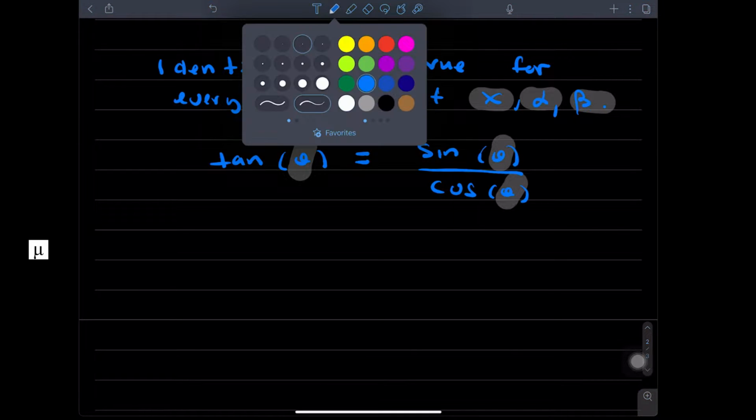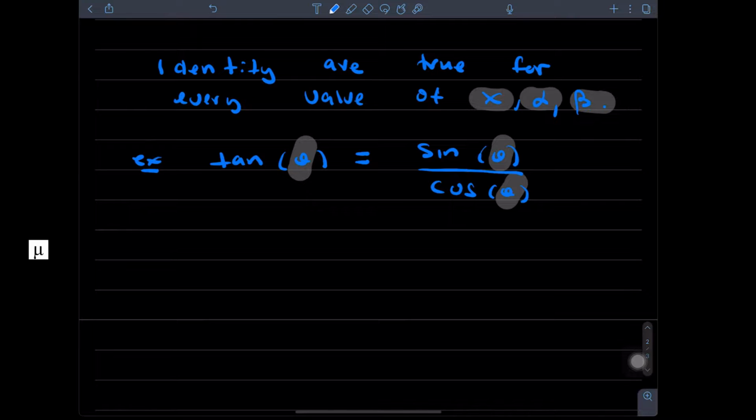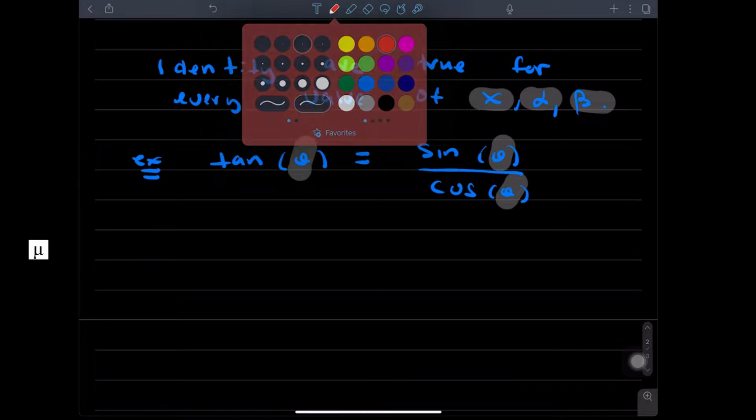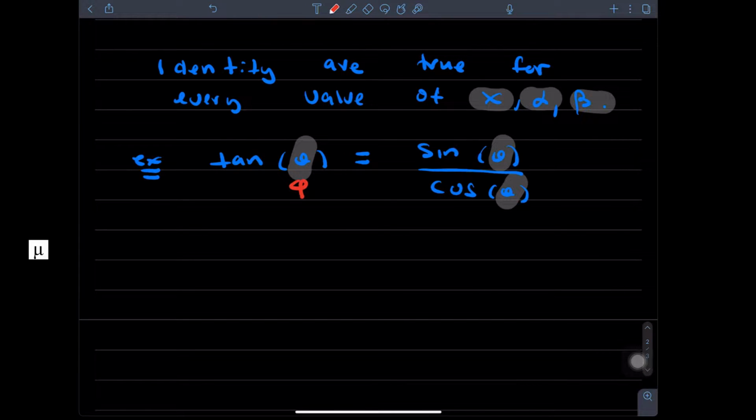So I'm going to give you an example of what I'm talking about. This is for tangent. It doesn't matter if I plug in anything here. Cosine can't be 0, so if I plug in pi over 2 or 3 pi over 2, we can't have cosine be 0.